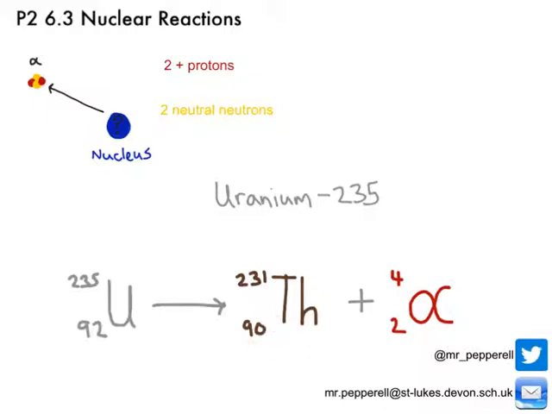Where's the 2 difference gone? It's the number of protons in our alpha particle. So it's just like balancing an equation. We can see here that 231 plus 4 gives us our 235, and our 90 plus our 2 gives us our 92. In fact this is just called a nuclear decay equation.